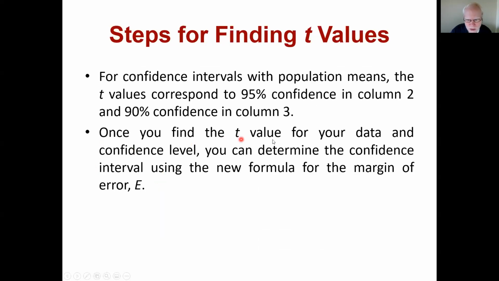Once you find the t-value for your data and the confidence level, you can determine the confidence interval using the new formula for the margin of error E. So you find the t-value from the table. The confidence level, like I said, is always going to be 95%, so it's always column 2. You just take your degrees of freedom, read the number beside it in column 2, and then plug it into your formula.